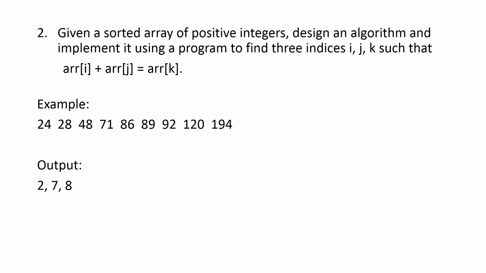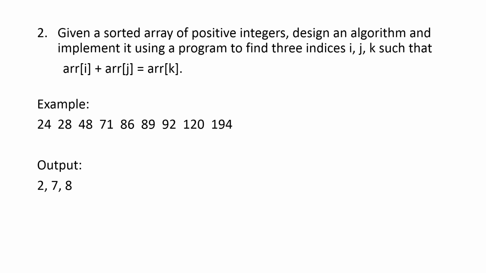Now I will take the value 28. I have to fix 28 and then compare one by one. First, 28 plus 48 is 76, but 76 is not present in the array. So I will add 71 to 28: 71 plus 28 is 99.